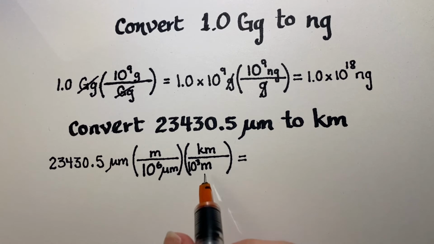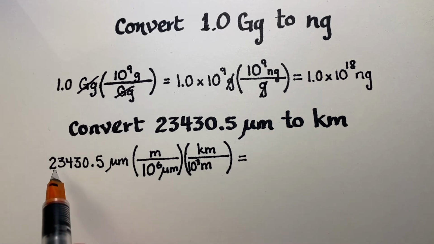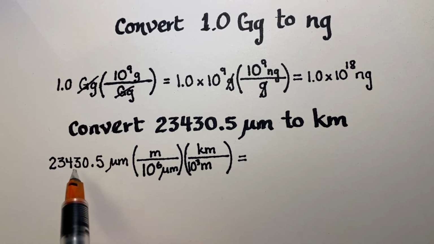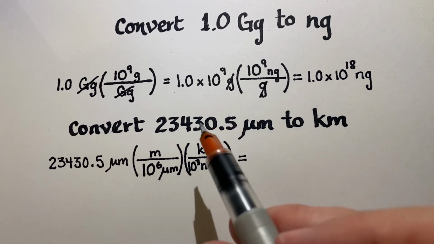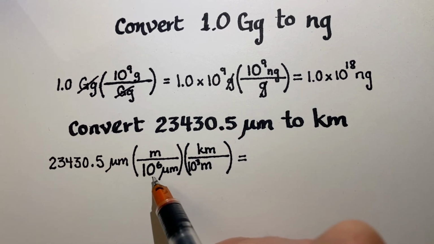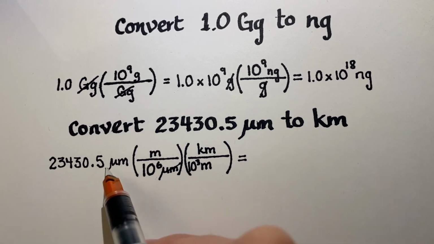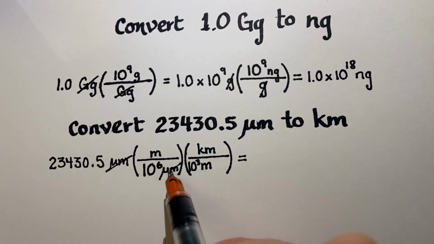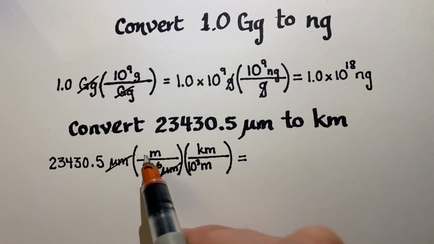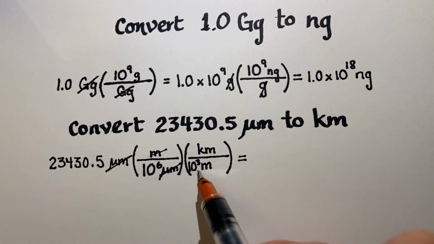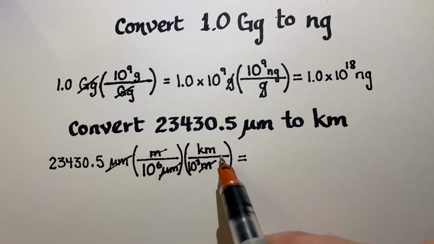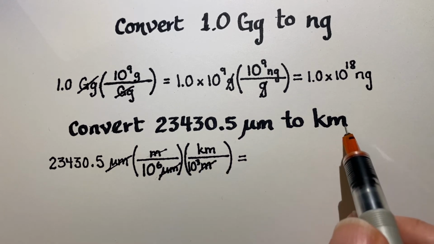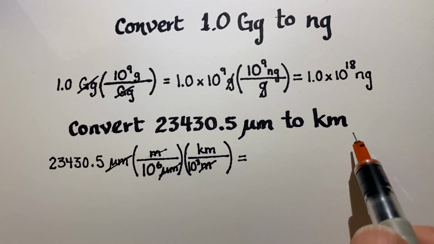Then what we can do is take our initial value with our initial units. We can acknowledge that these units are going to cancel out here and here. Meters are going to cancel out as well. And that will leave us with our target unit, in this case, kilometers.